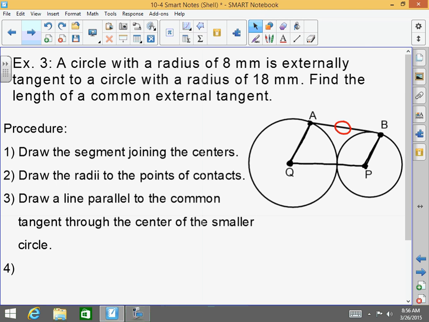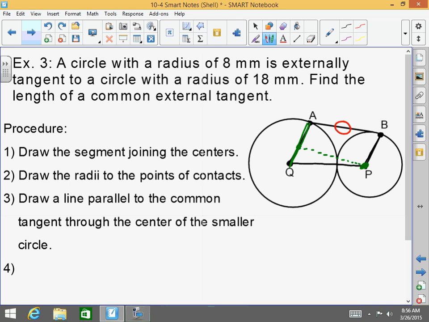What does that mean? To the best of our ability, guys, we're going to draw a line that goes from the smaller circle's radius, very important, and we're going to go ahead and draw it to some point on the radii of the larger circle.